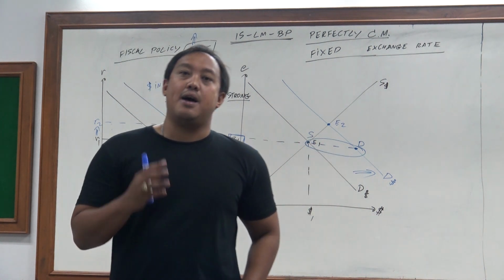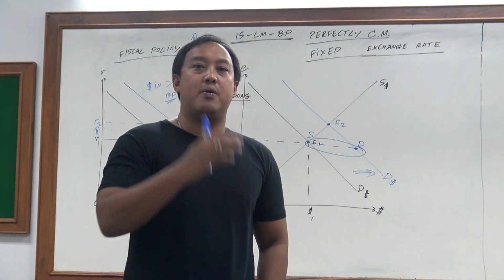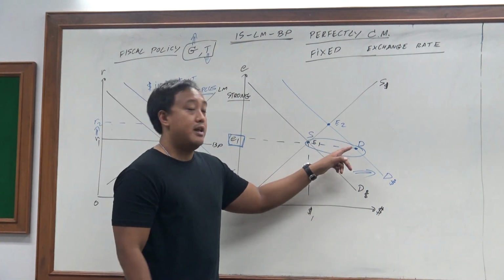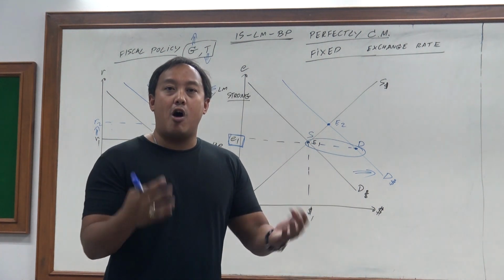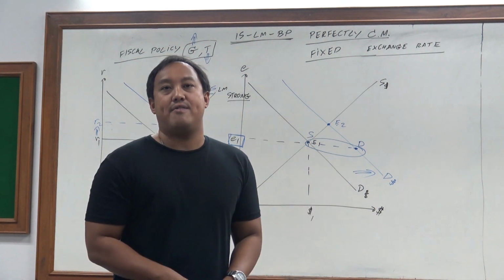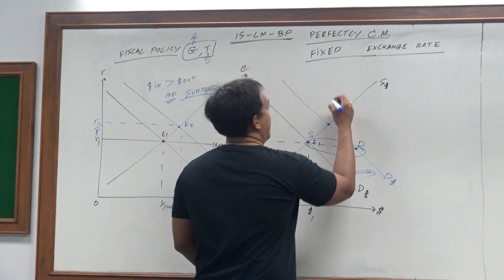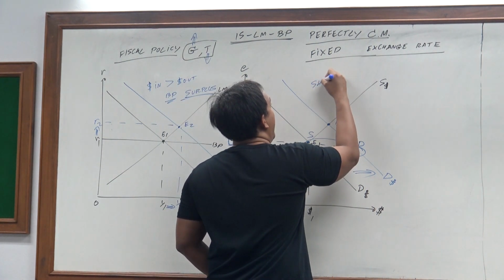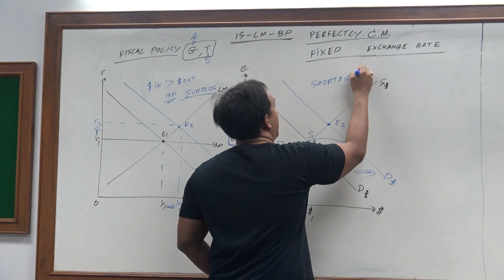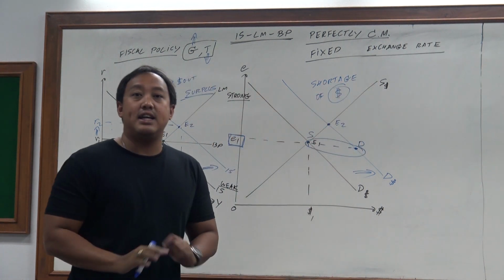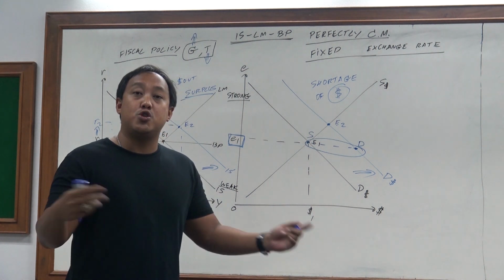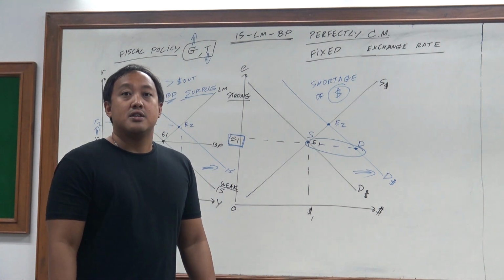People want to buy US dollars more than people want to sell. When people want to buy US dollars more than people want to sell, what problem do you have? The problem is you have a shortage of US dollars. US dollars in the market are not enough, it's a shortage, people want to buy too much.